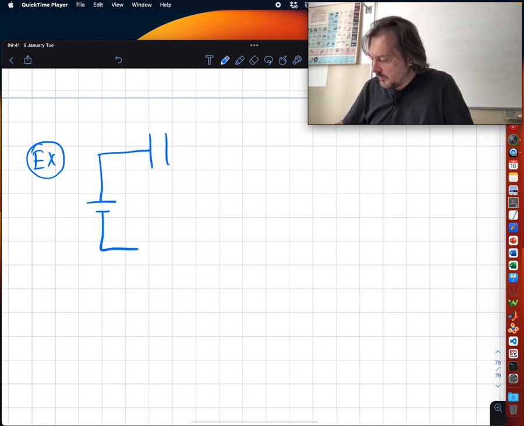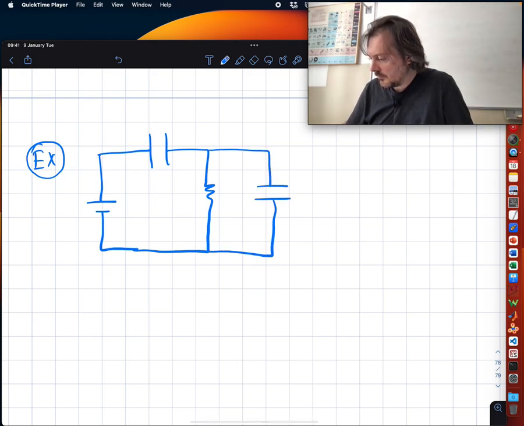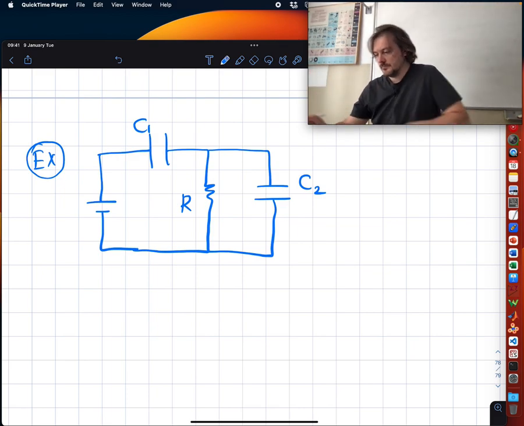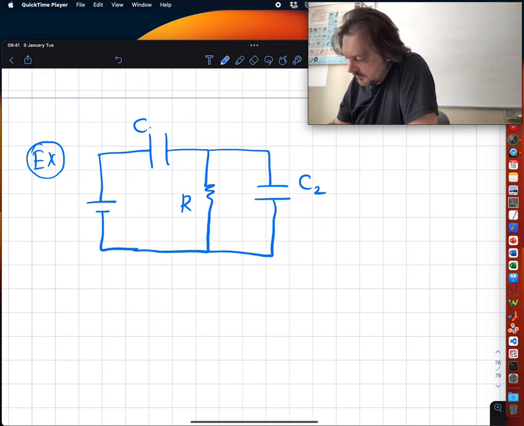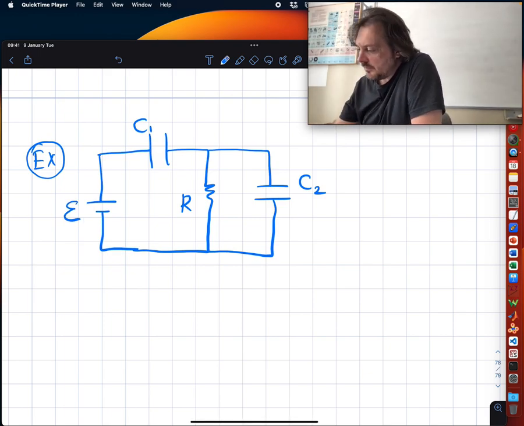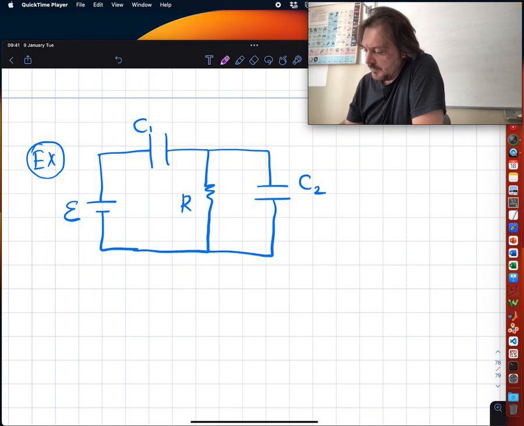Where do you want to put your capacitors? Maybe like this? So let's try solving this problem.